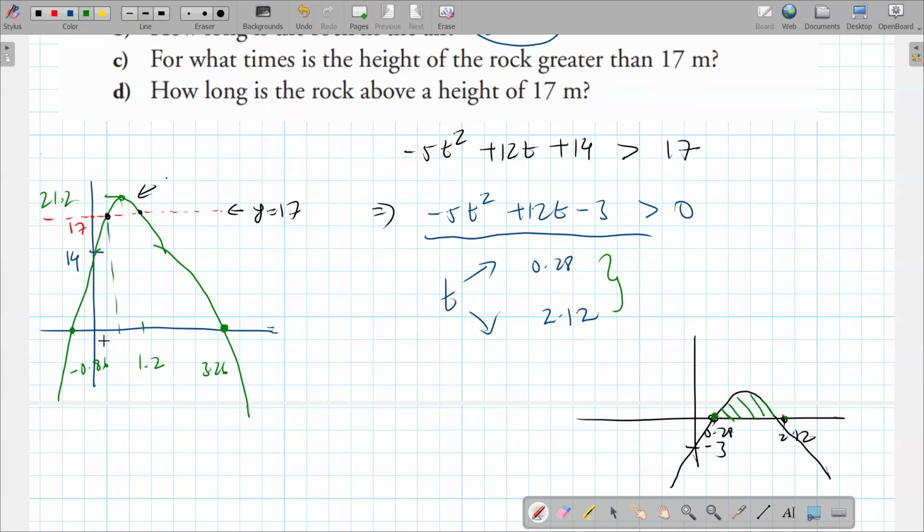That is from 0.28 seconds to 2.12 seconds. It also makes sense with respect to the points we already have here.